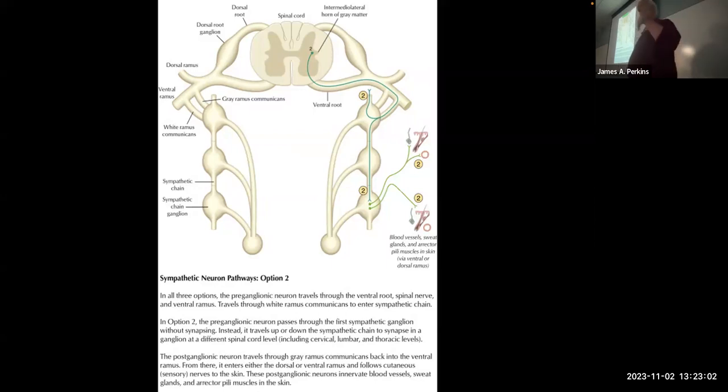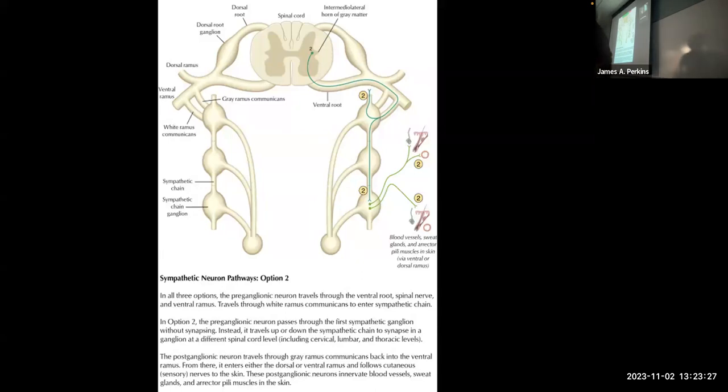So this would bring postganglionic neurons to that particular dermatome to stimulate sweat glands, blood vessels, and erector pili muscles at those levels. So the gray ramus communicans is carrying postganglionic neurons from the sympathetic chain into the spinal nerve to then follow sensory branches out to the skin.